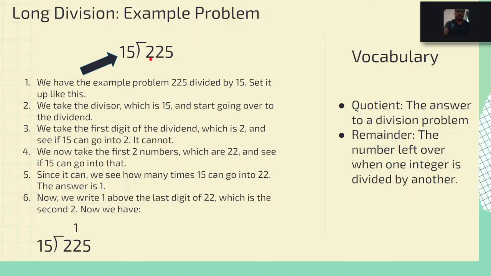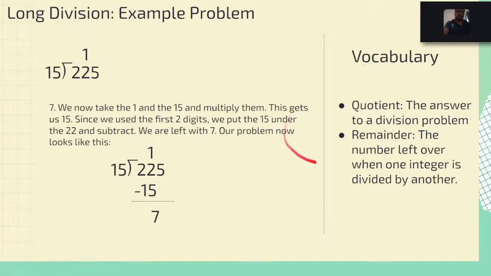We just need to figure out how many times. 15 can go into 22 one time. Now we write 1 above the last digit of 22 because we decided to put 15 into 22. Now we have a 1 above the 22.